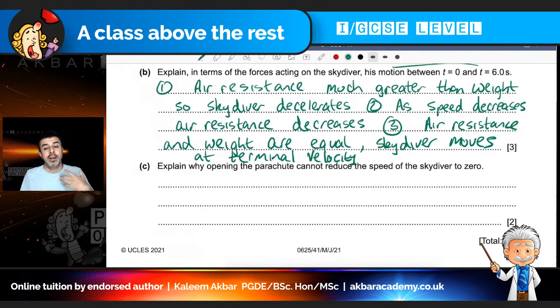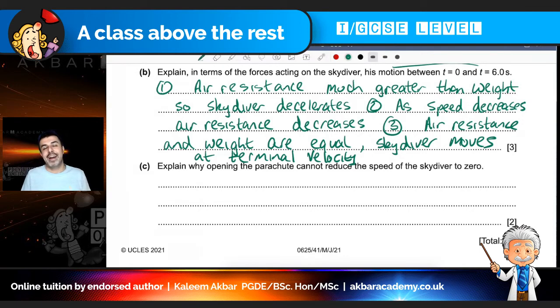See, for the skydiver to go to 0, well, if the forces are now balanced and the skydiver's going at a constant speed, the only way the skydiver can now stop is if the force up the way is bigger than the force down the way. Now, that will happen when the skydiver touches the ground. The skydiver will rapidly decelerate, and the force up the way will be bigger than down, and the skydiver will stop. And when the skydiver stops, incidentally, on the ground, the air resistance will be 0.